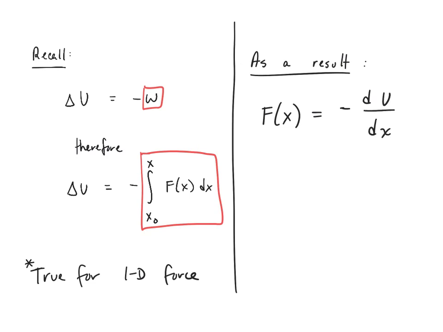And these two things are pretty much opposites of each other. Again, the integral of force gives you potential energy, so the derivative of potential energy gives you the force. And remember that these are negative quantities here.